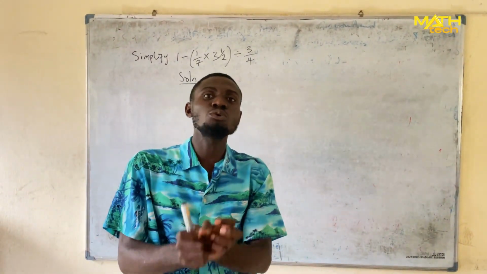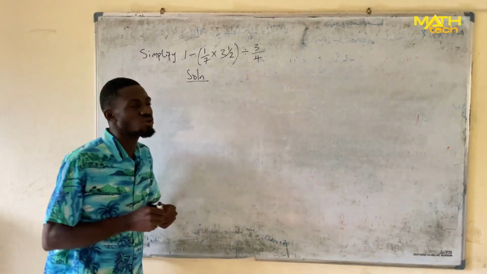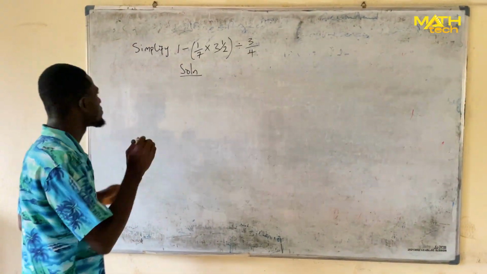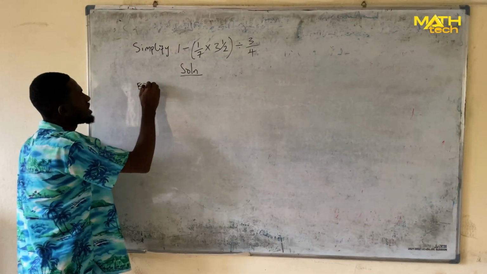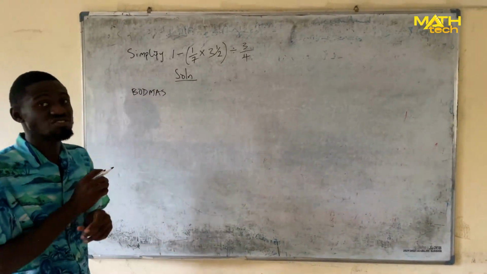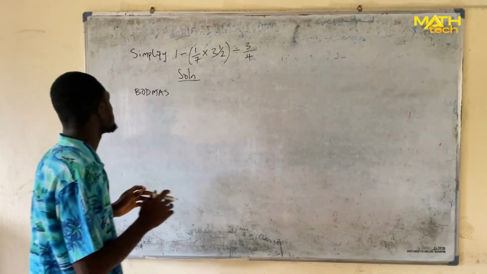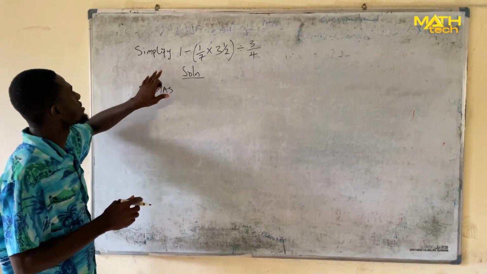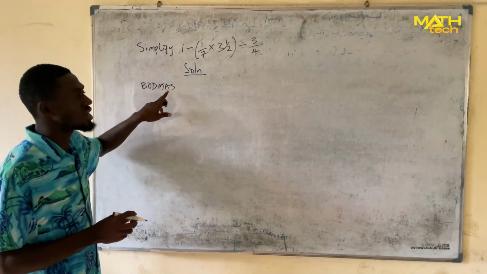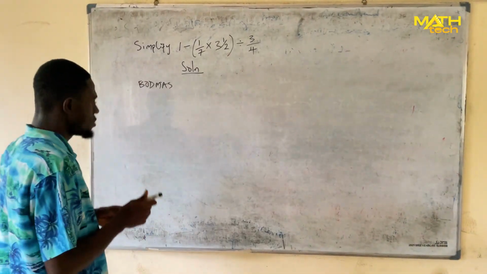Now the simple concept of solving this question is BODMAS. I know most of us are familiar with the word BODMAS. So knowing BODMAS, it means you can solve this question very simply. The concept is brackets, of, division, multiplication, addition, and subtraction.